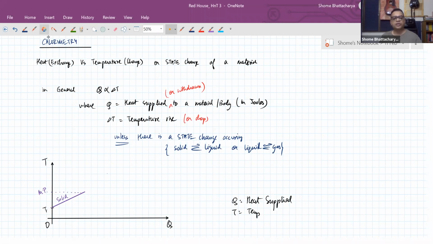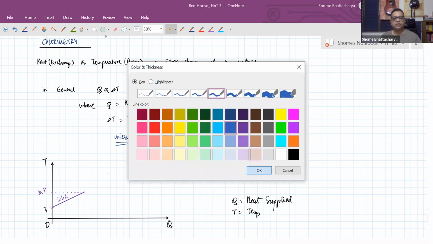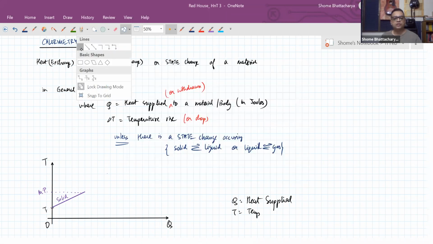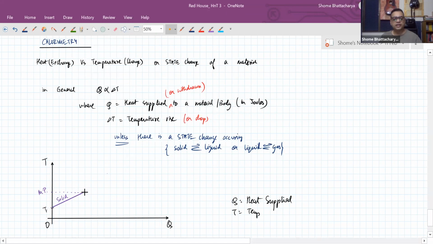Once it reaches that melting point, it undergoes melting. So it changes from solid to liquid. So to do that, to change the entire amount of solid material that we have completely to liquid, a certain amount of heat is required. And once it has completed the melting, if we supply further heat, then again the temperature rises.